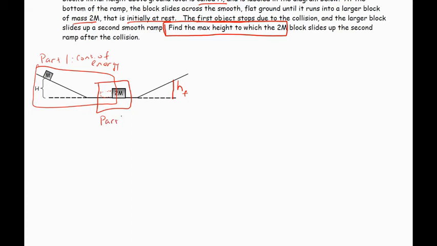And part two is going to be conservation of momentum. And then block m stands still and 2m comes up this hill. And so this part right here, part 3, is conservation of energy.